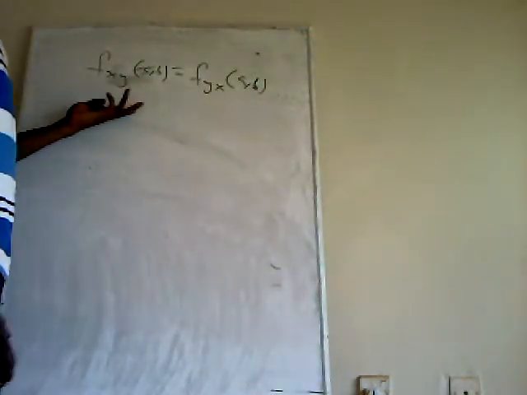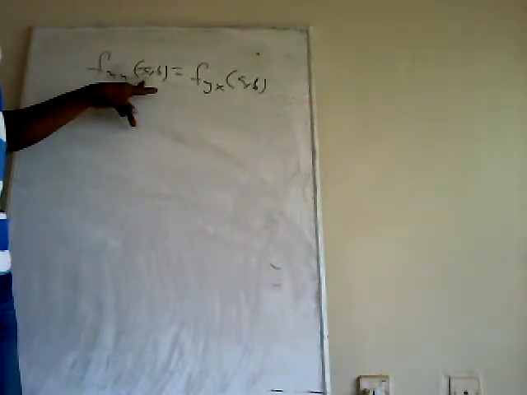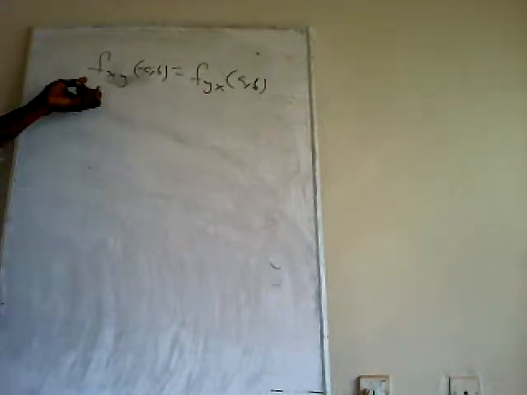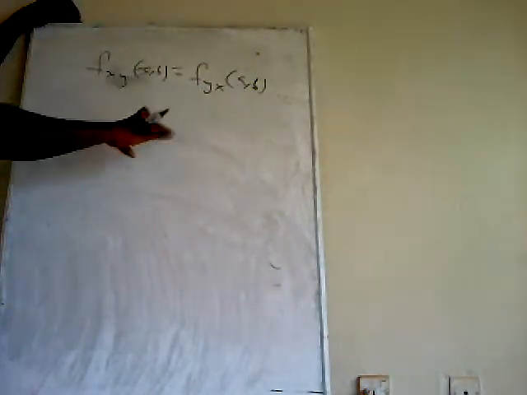This is not always the case, except where the function is continuous on the disk at the point (a, b). It's both continuous here and continuous there, so it's going to be equal.